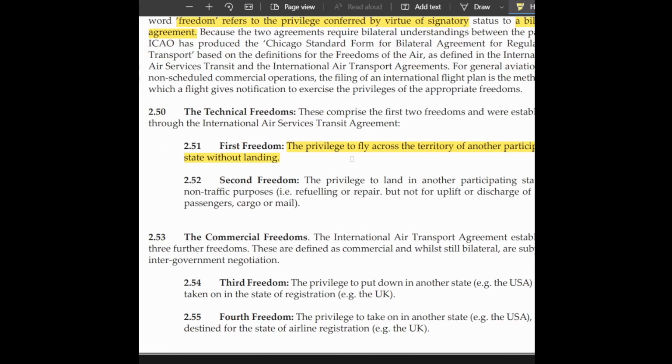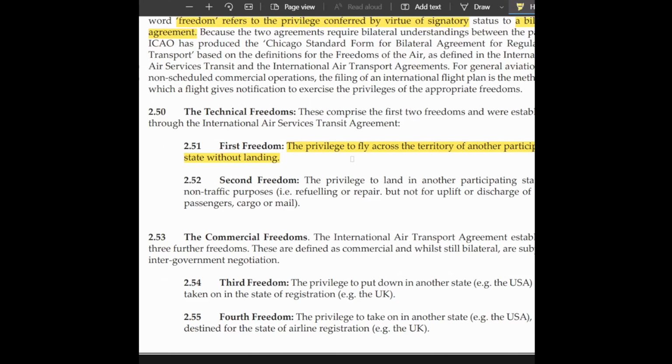Even now there will be about 12,000 aircraft in the air. Take 20 hours of flying in a day, you're getting about 12,000 into 20 phone calls from different countries for each of their flights.